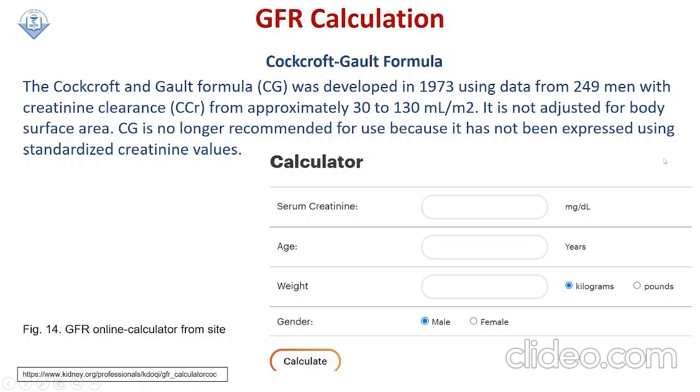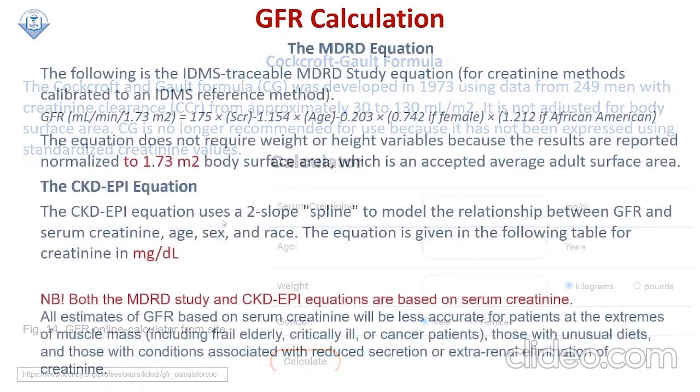It is not adjusted for body surface area, and at this moment it is not used because it has not been expressed using standardized creatinine values. It was the first try of scientists to check glomerular filtration rate. So we can see online calculators for checking this parameter with different formulas. It is available for the doctors, and you can see on the slide an example of this online calculator.